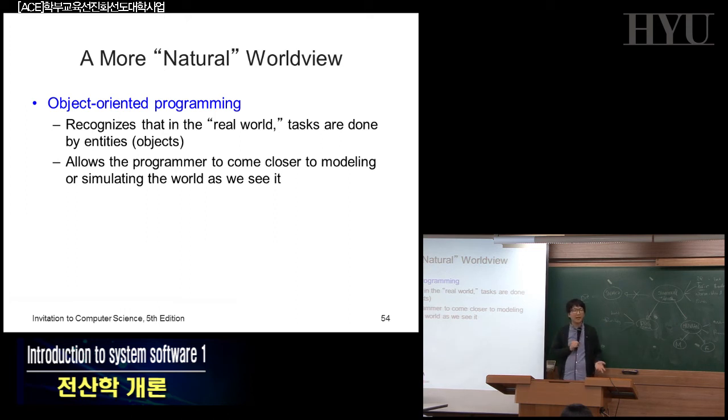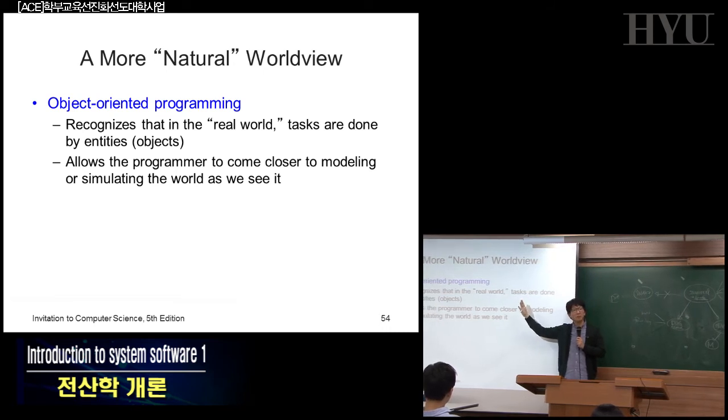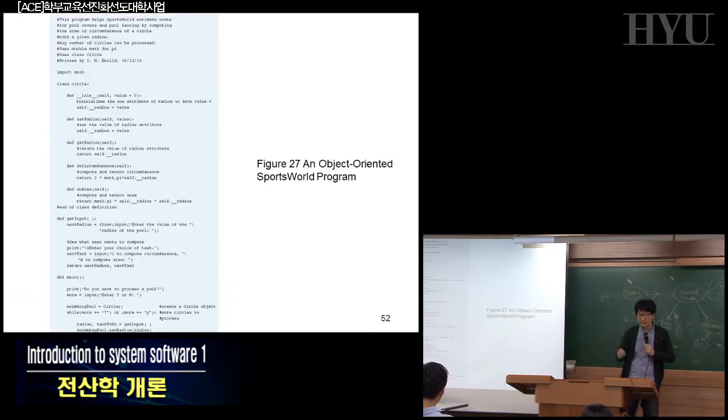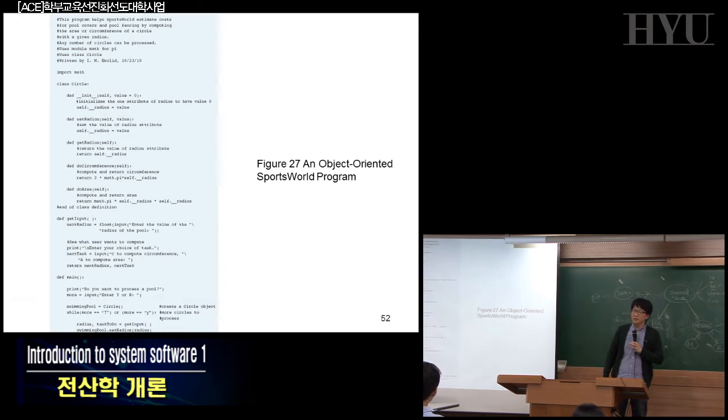If you want to get an idea of what OOP is, try to copy the program in the first setup slide, the simple circle area calculation code, and then copy this program. And see whether there's a difference in terms of output. Probably you won't see it in the output, but the way of looking at the problem is probably slightly different.